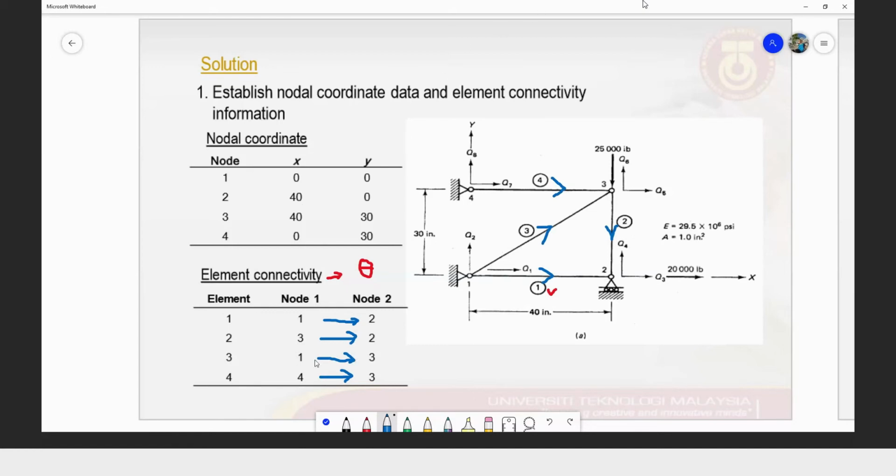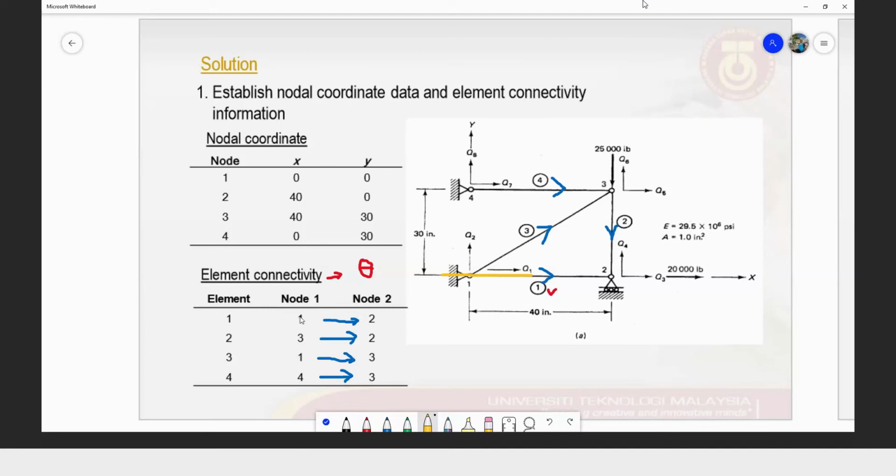Now, if we look first at element number 1, and then we take our reference axis, our reference axis is the horizontal axis. All right, this is our reference axis at node number 1.